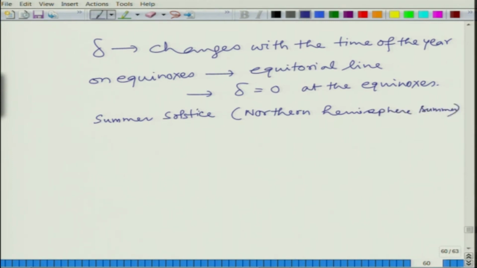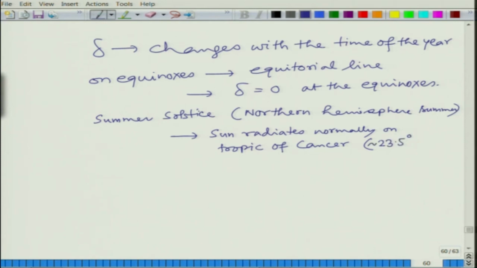Okay. Now, for summer solstice the sun radiates normally on the Tropic of Cancer, which lies at approximately 23.5 degrees north. The latitude of the Tropic of Cancer is 23.5 degrees north.